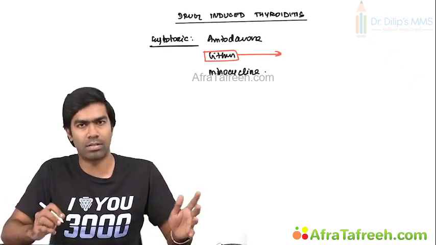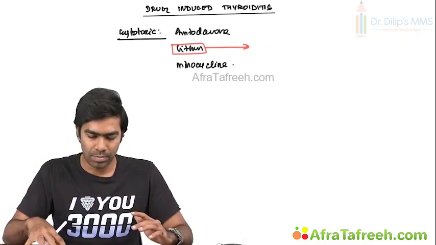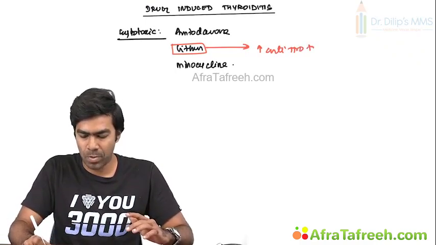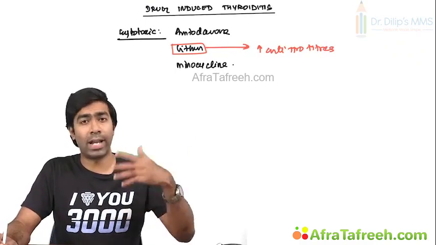But lithium, I'll make a special mention here because lithium is known to increase anti-TPO titers. People who are negative for anti-TPO before starting lithium might become positive for anti-TPO after starting lithium, which means it produces some form of autoimmunity. We don't know how. And people who already have anti-TPO titers will have increased anti-TPO titers after starting lithium.